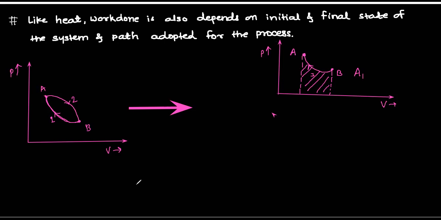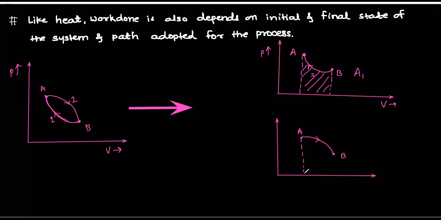Next graph, this second path. So this path is like this, A to B here. This is A and this is B, and this path is actually like this.